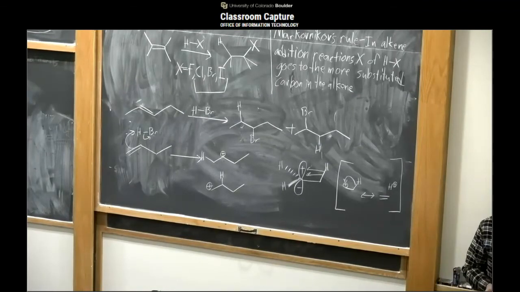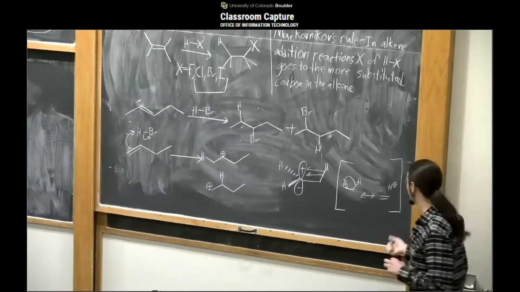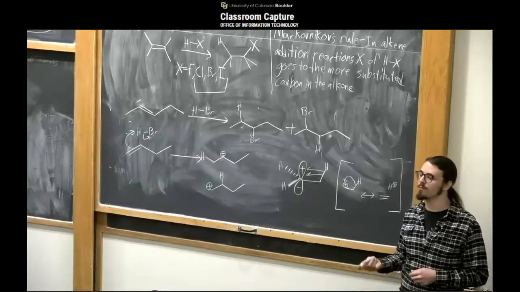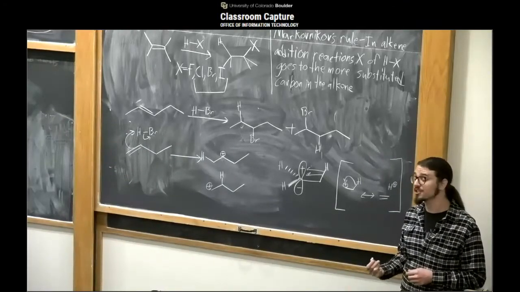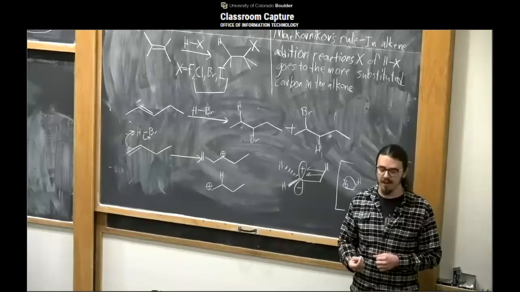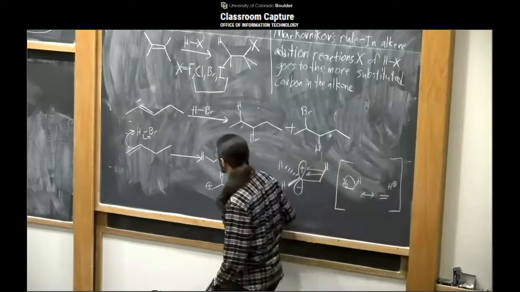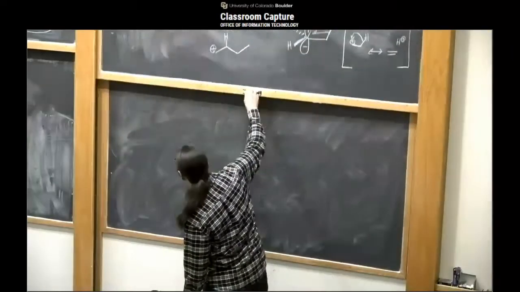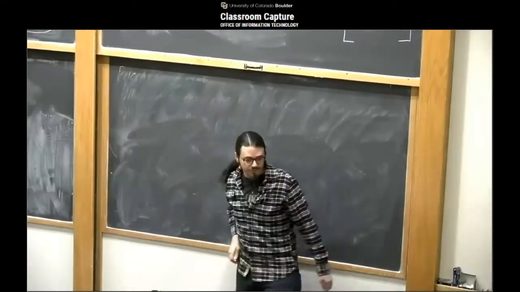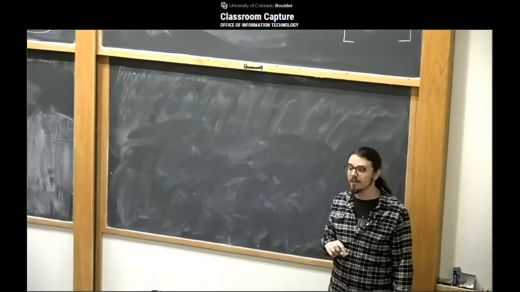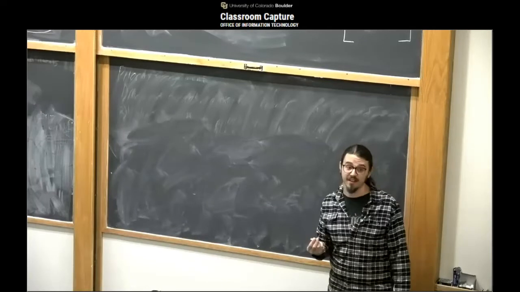Now, it's not a full resonance structure; we don't actually consider it having the bond broken, but this is a way to help think about why greater substitution at the carbocation gives you a more stable carbocation.